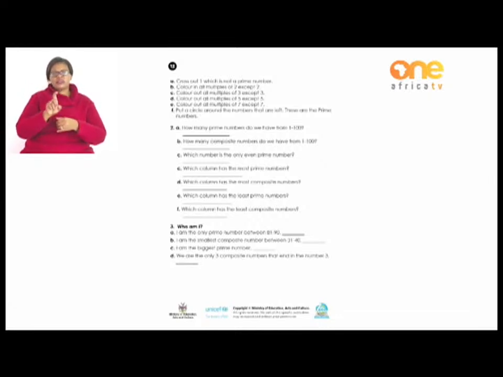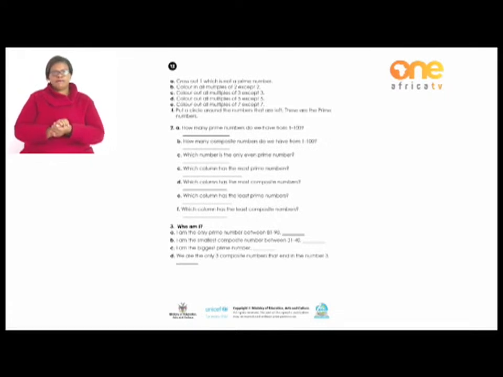It starts by asking, how many prime numbers do we have from 1 to 100? Okay? So you go back to your table, and then you discover those numbers that you encircled. How many are they? Okay? 2B, it says, how many composite numbers do we have from 1 to 100?